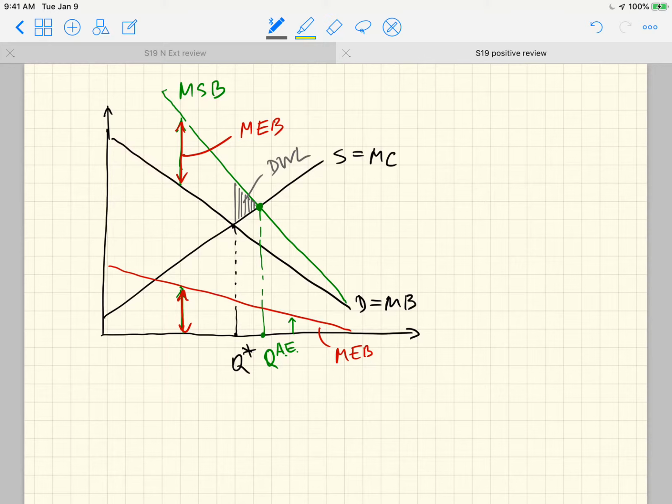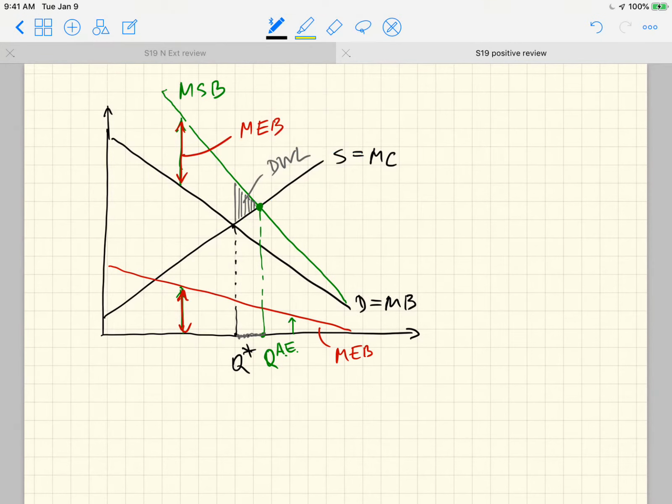This is the lost surplus that we're losing because not enough of this good is being produced by the market. Again, because neither consumers nor producers realize that this good is actually more beneficial than it seems to them. So that's pretty much the graph that illustrates why we're dealing with inefficiency in this case.